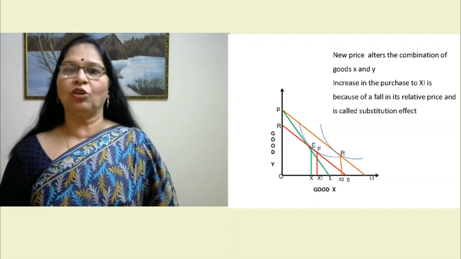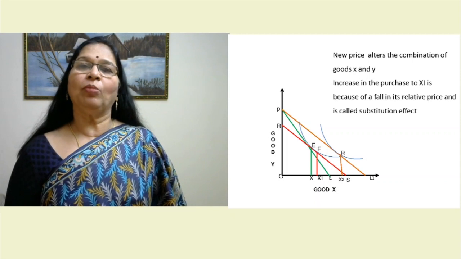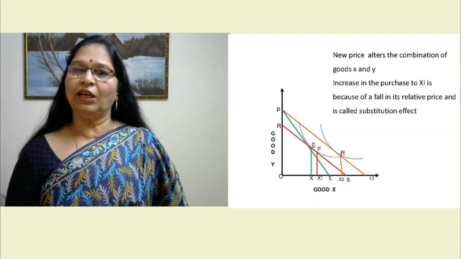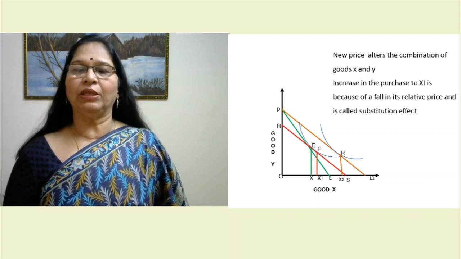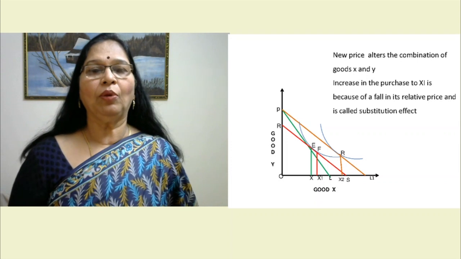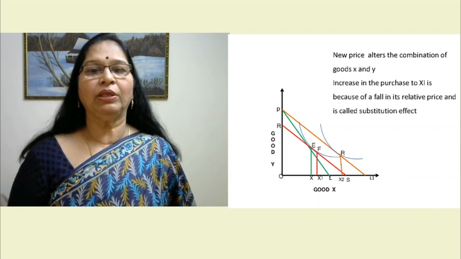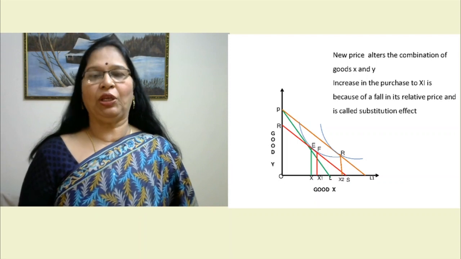The consumer has got a new price line, PL1, and the consumer will go to a new indifference curve, IC2, at the equilibrium point R. So these two positions are clear. The consumer will automatically go to the point X2 because he will be at a different point of equilibrium.